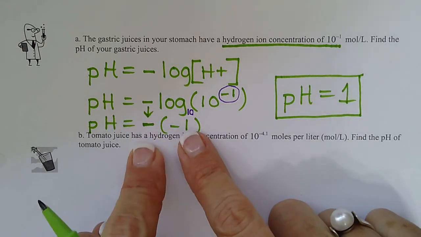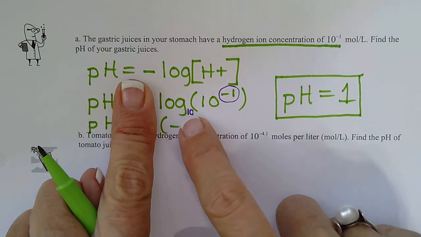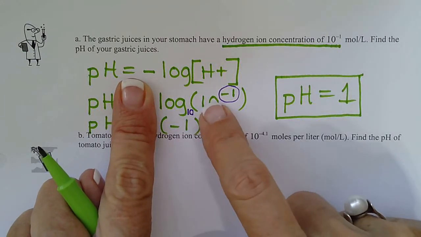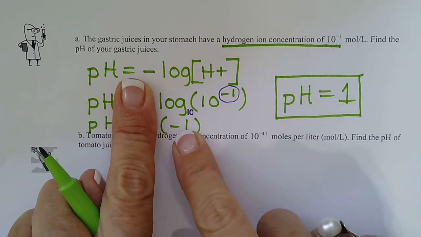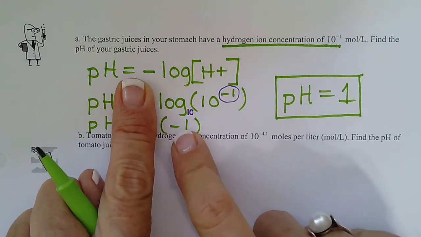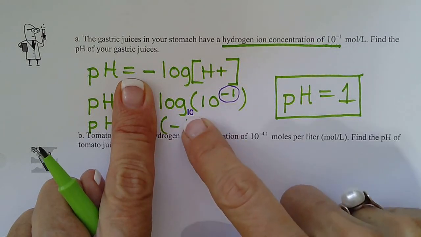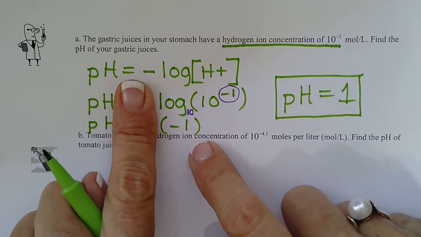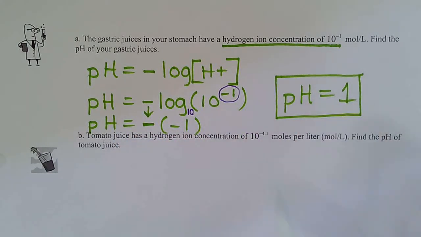So that negative came from here. Our first page of this lesson told us that when the base of the log and the base of the exponent are the same, the answer is just the exponent. So look on page 12, the very first page of 8.4, if you forget that. And remember, anytime there's no base present, we can assume it's 10. So that came to be negative 1. This negative comes down, so the opposite of negative 1, positive 1.